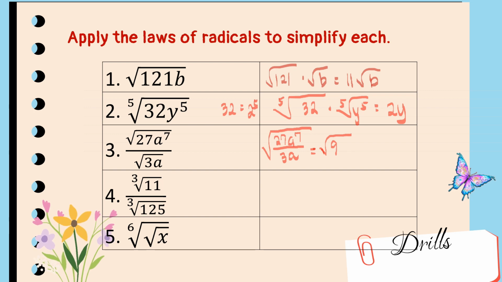And a raised to 7 divided by a is simply a raised to 7 minus 1. So we get the square root of 9a raised to 6, and the square root of 9 times the square root of a raised to 6. So the square root of 9 is 3. The square root of a raised to 6 is a raised to 3.